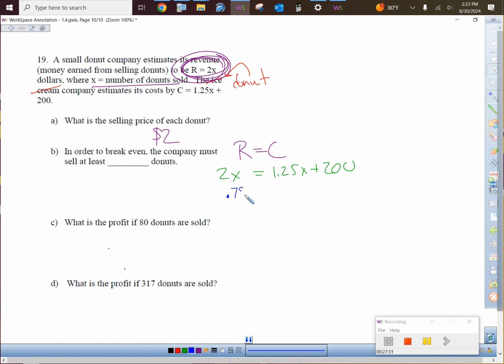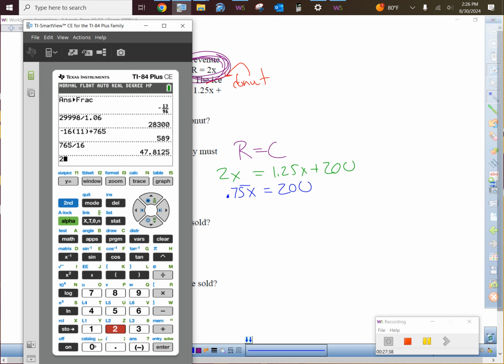So if I subtract, 0.75x equals 200. And then I divide 200 divided by 0.75. I get a decimal. I'm selling donuts. It'd be kind of weird if I sold somebody 266 and 2/3 donuts, right? So I either have to do 266 or 267.